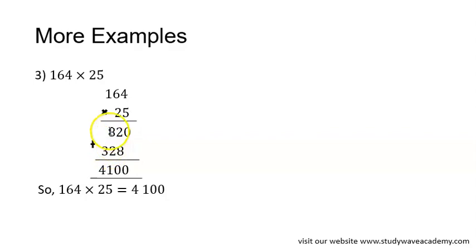Plus 1 we carried over, we have 11, right? So we write down 1 and carry over the next one. Then 1 plus 3 is going to give us 4. So 164 times 25 is equal to 4,100. Did we understand that?